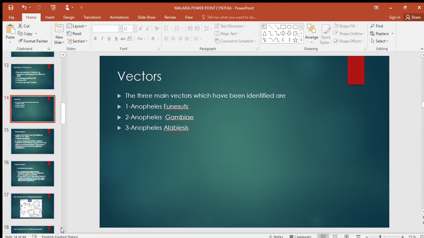Sometimes they can ask you to state or name the vectors which have been identified. When you just hear vectors, they are talking about these 3. So these are the vectors.